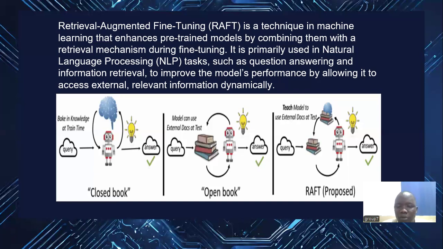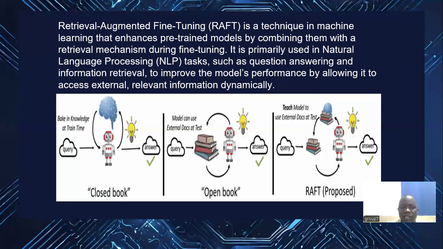Now, the open book approach is the middle approach. It allows access to external documents at testing time. These external documents can come from different sources, like articles, Wikipedia, or magazines, depending on which information you want it to address.